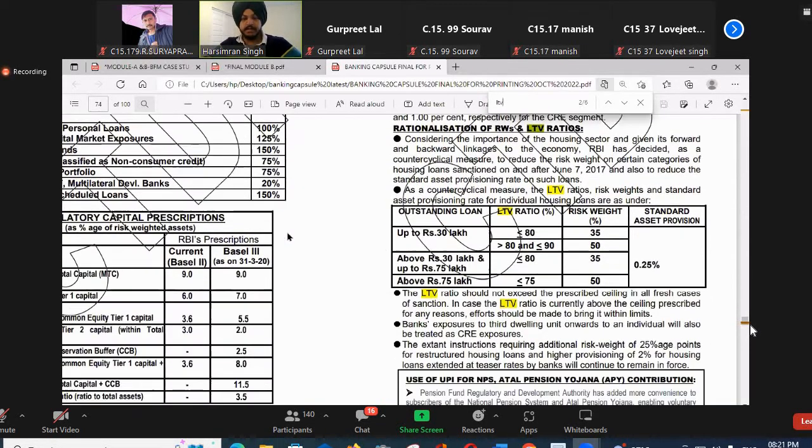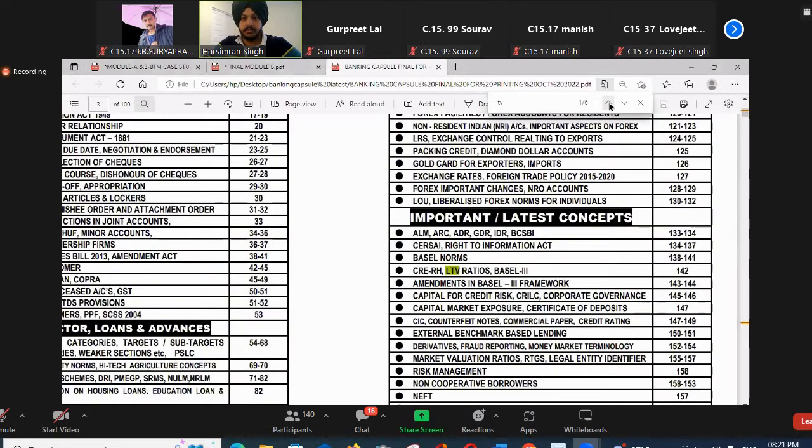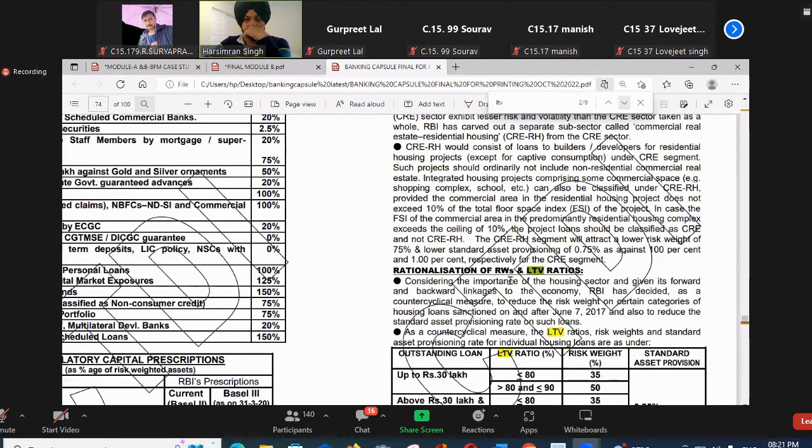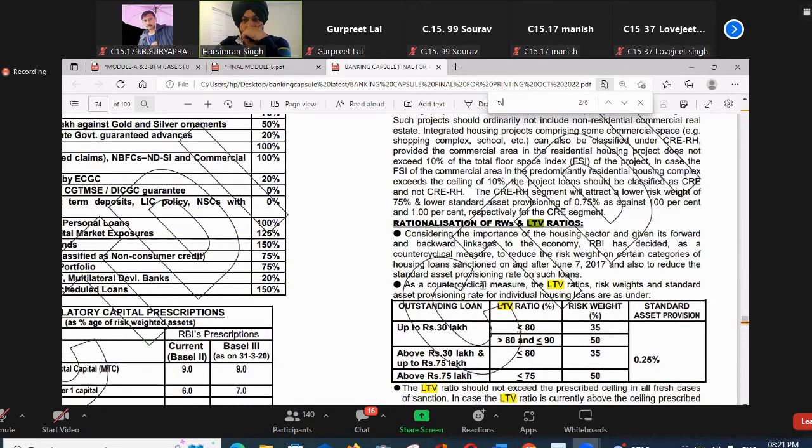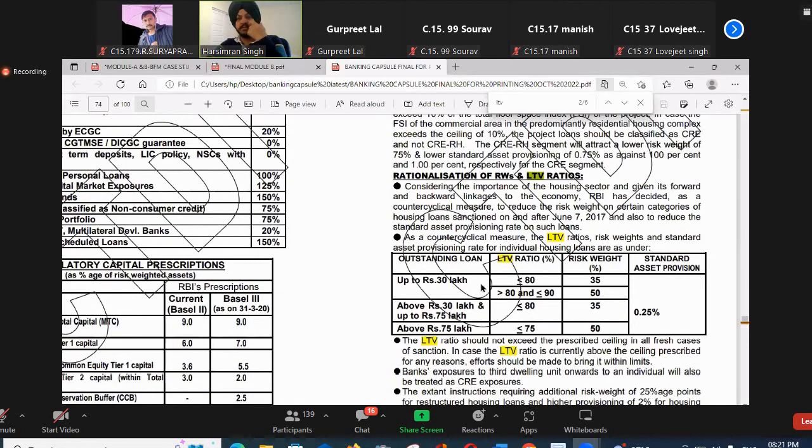In this LTVs, एक मिनट रुको, इसमें ना एक टेम्परेरी चेंज आई थी. So let me... See, this chart is okay as it is.